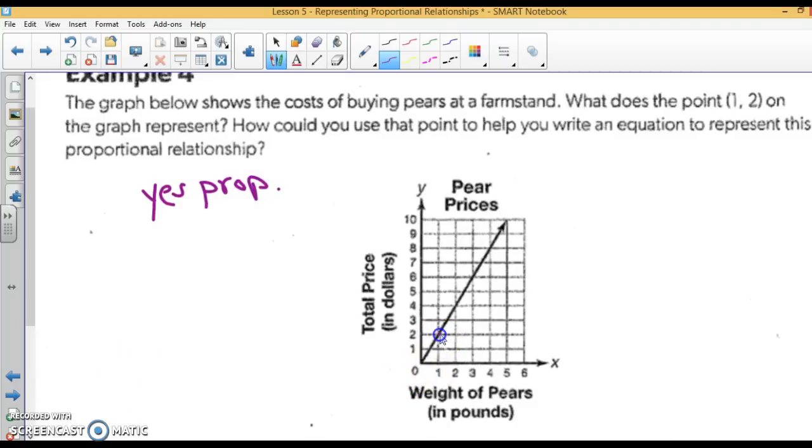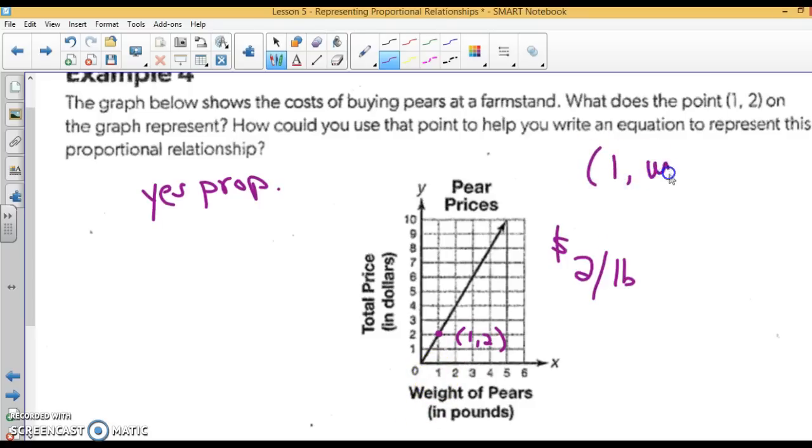If I go to the point 1, 2, that's right there. x is 1 pound, and this is $2. So, doesn't that give us our unit price? It is $2 per pound. Because look, if I go to 2 pounds, it's $4. 3 pounds, it's $6.